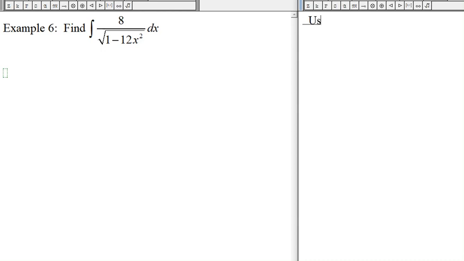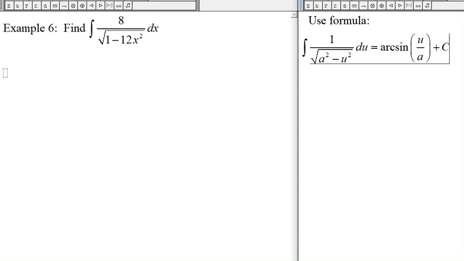And so we use the formula: the integral of 1 divided by the square root of a squared minus u squared du is arc sine, or sine inverse, of u divided by a, plus c.